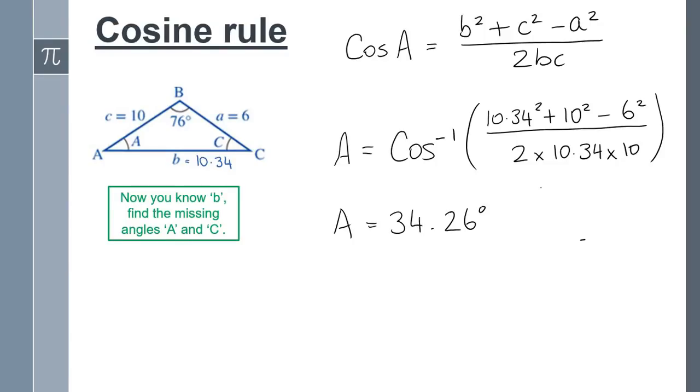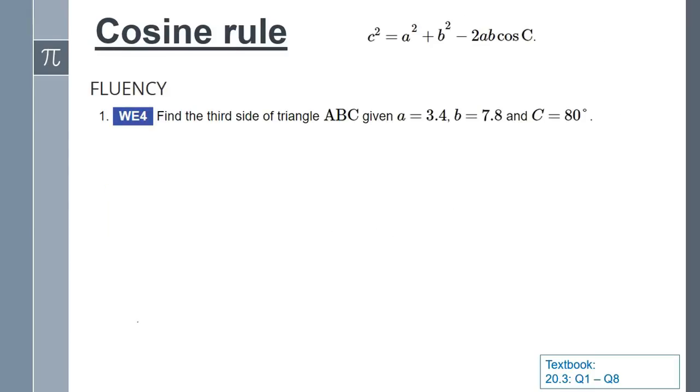I'm just going to do one more example for the cosine rule because the example video is going to be a little late for this one. So just to give you a really good idea of what we're doing. So the third side of triangle ABC, going to draw a triangle. We're going to label it.